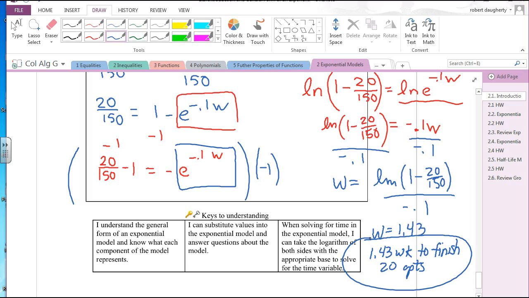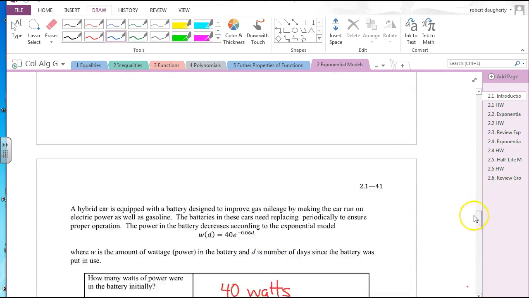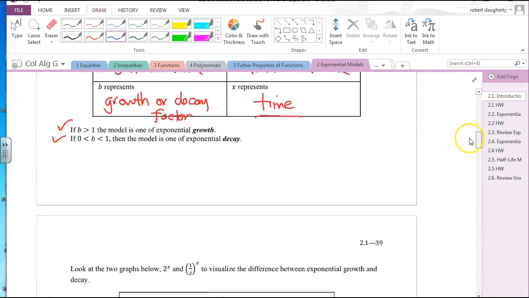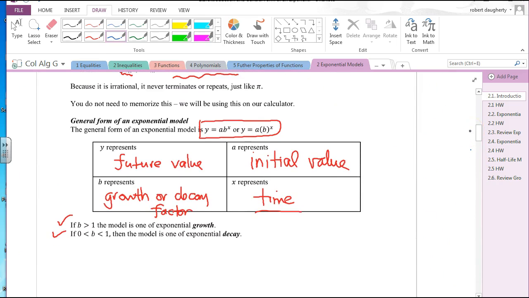So now, if we go back to our original model, everything is going to look like this. y equals a times b to the x. y is always my future value. This number a, whatever it is, that is always my initial value. b is telling you whether or not this is growing or decaying. x always represents time in this case, okay?